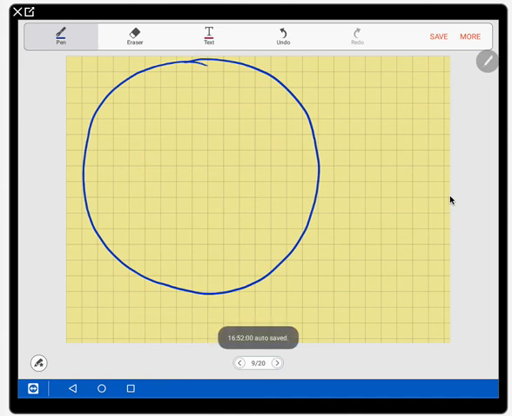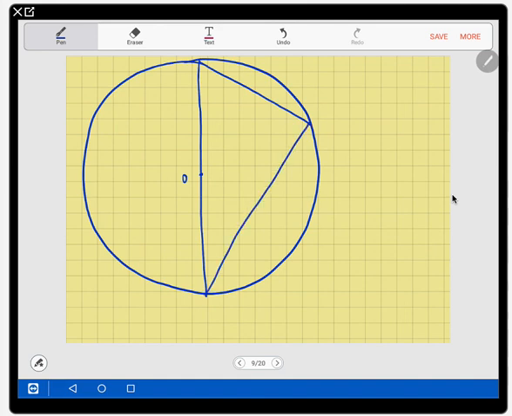Let me divide the circle into two, a diameter here, and this is my center O. And let me draw a triangle here from the diameter, and let me draw a tangent here. All right, from our first lesson, we know this is 90 degrees, correct?